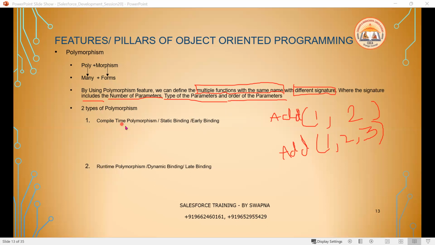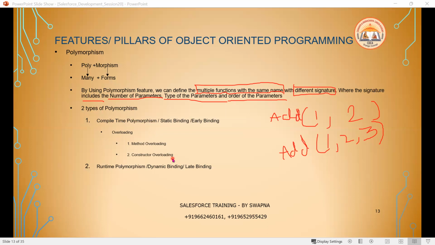So when I say compile time polymorphism, how can we implement it? Using overloading. Now overloading can be done in two ways: one is method overloading and the second one is constructor overloading.